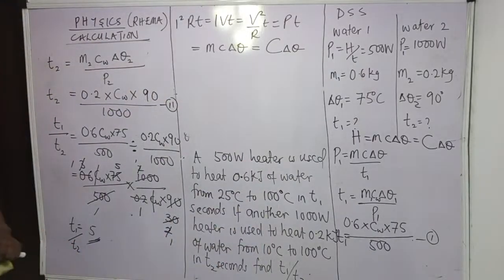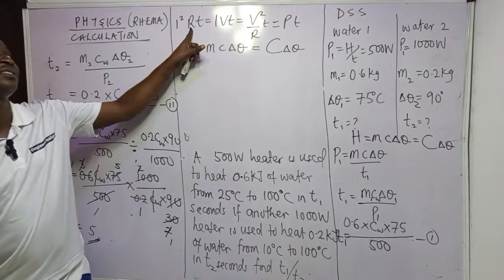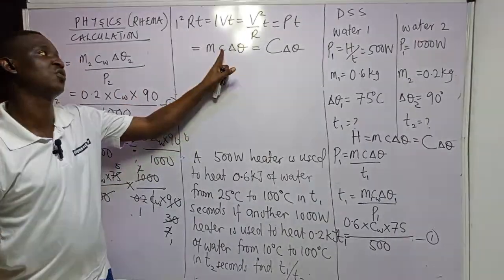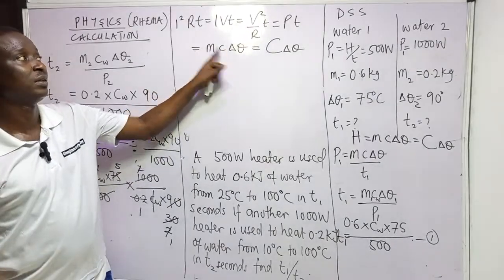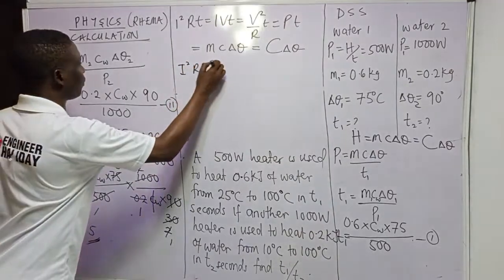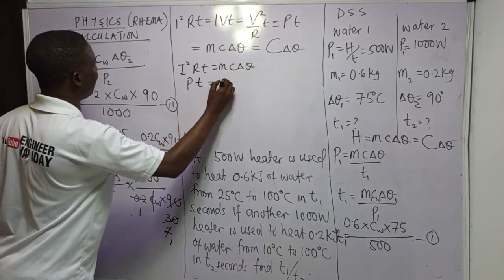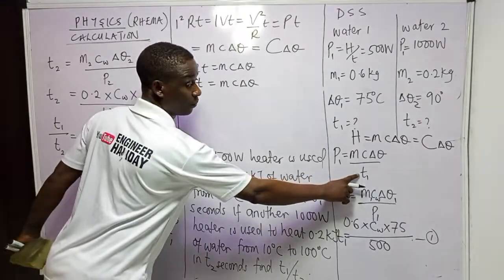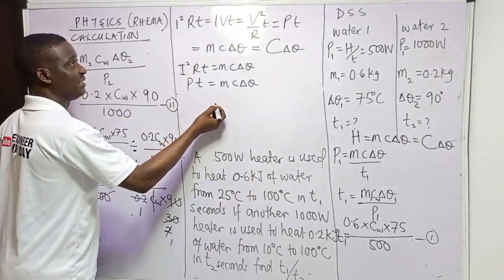Remember this formula. Sometimes they will give us current, resistance, and time. They will tell us to find the heat capacity of the substance. They will give us mass. You can equate this one and this one. Depending on the parameter, you can say I squared RT equals MC change in temperature. You can say power times time equals MC change in temperature. It's from here we get this formula. Power times time, you know that it's heat. Power times time is more or less like heat energy.